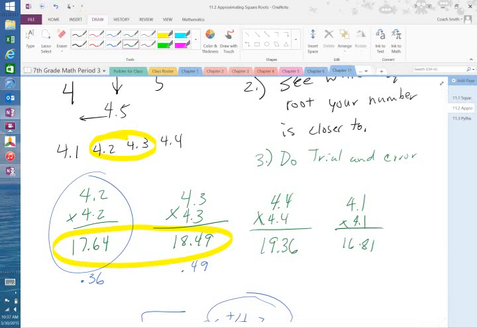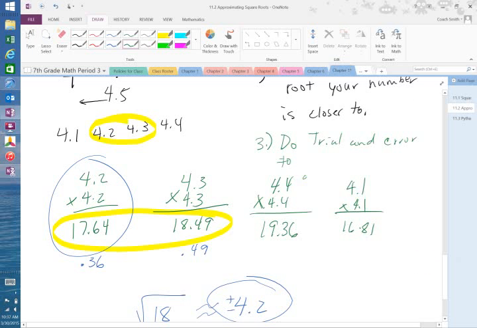Coach, how did you figure out which side it fell on? How did you figure out what side the square root fell on? Make the square of 11 is what? 121, right? Okay. So that is 144.